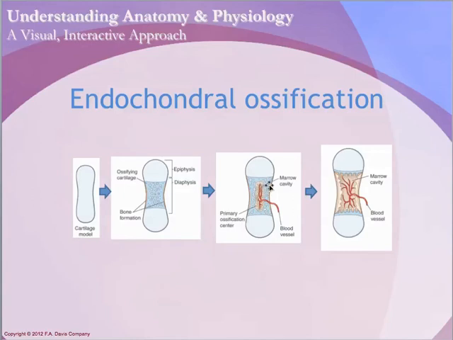The bone marrow cavity fills with blood and stem cells. We get that over here. Ossification continues, proceeding from the diaphysis towards the epiphysis, and the bone grows in length. And we talked about the epiphyseal plate.